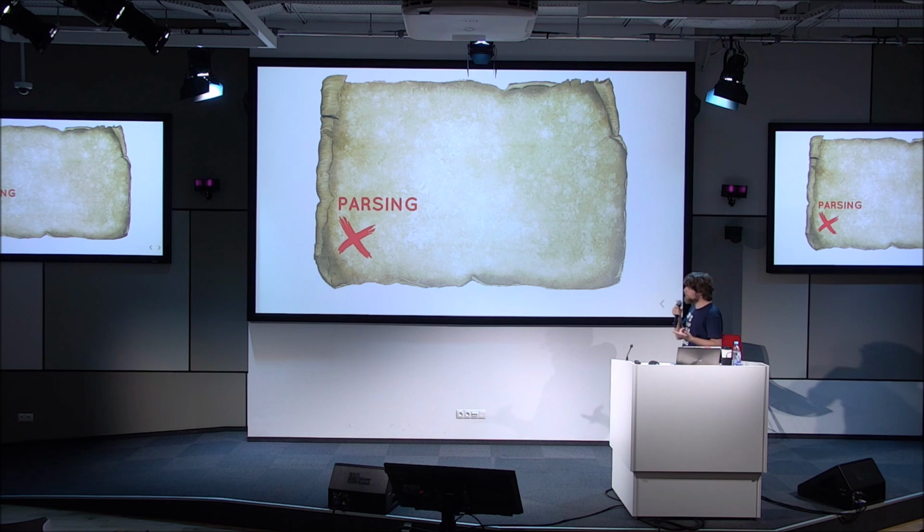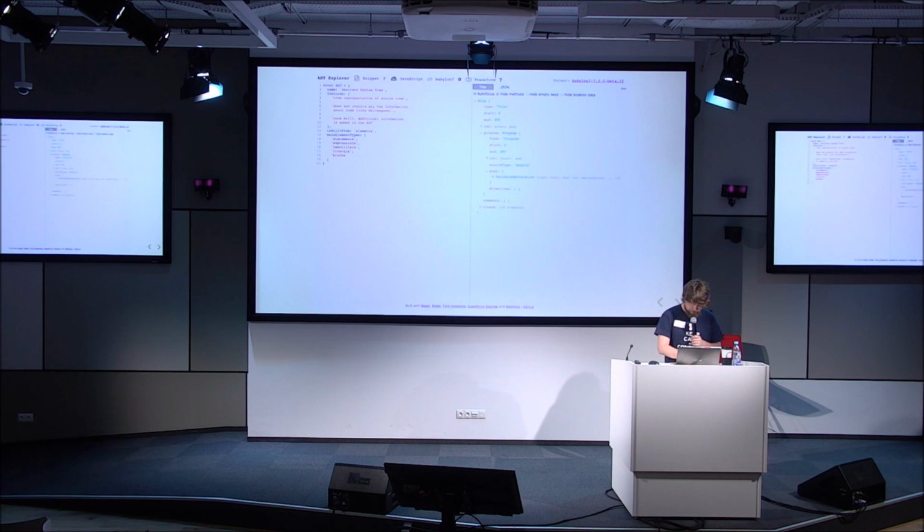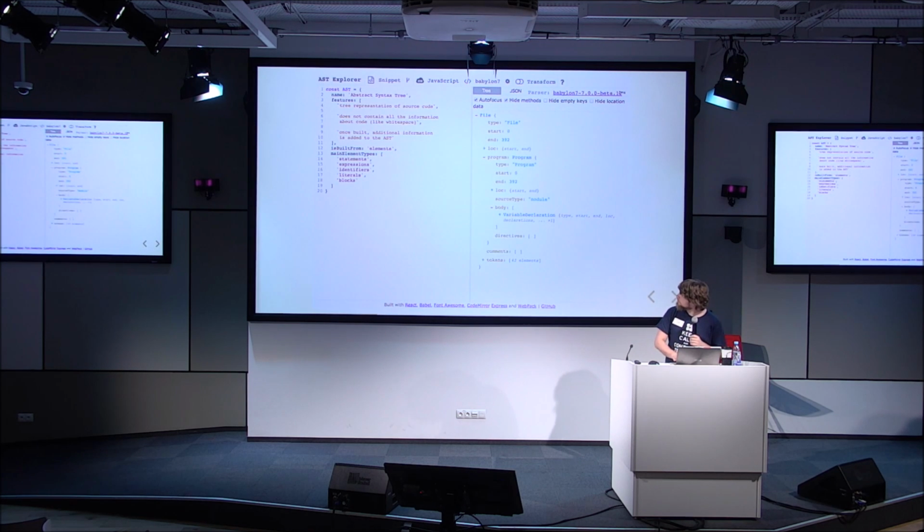The first stop is called Parsing. Let me just enlarge this, if it works correctly. Perfect. Here on the left, we have a sample code written in JavaScript, ECMAScript 6. And on the right side, we have an AST that it's parsed into.